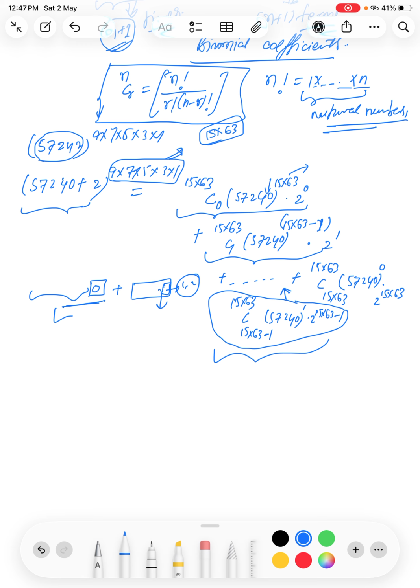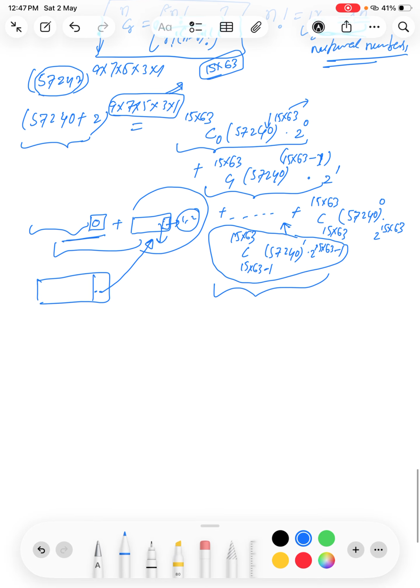If we add these two numbers, the unit digit of the resulting number is the same as that of the other number. So that's why I've done this. We'll not look at the remaining terms, we'll just look at the term which has the unit digit.